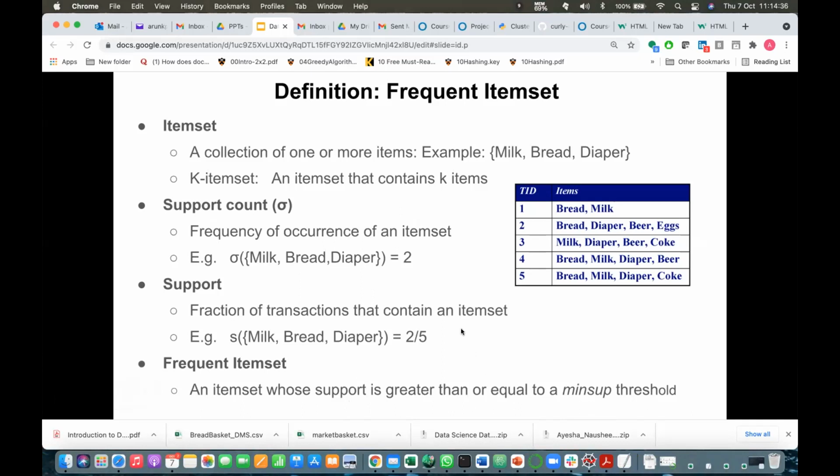If I define the threshold as 0.3, then this item set milk, bread and diaper becomes a frequent item set, since 2 by 5 is 0.4. If I define my threshold as 0.5, then it won't. So this is always relative; which are frequent item sets and which are not is computed based on the minimum support threshold.